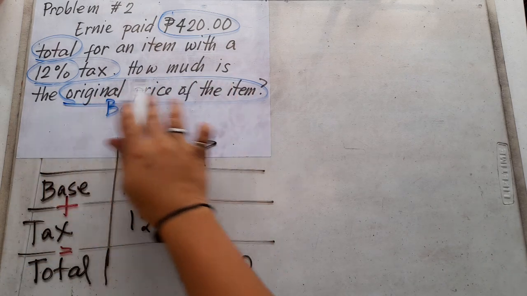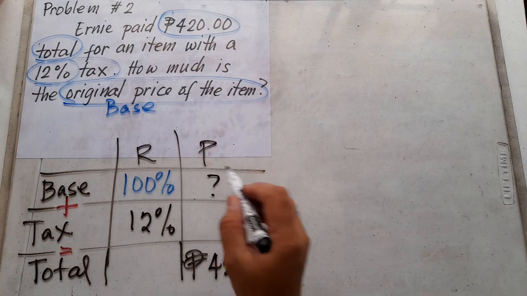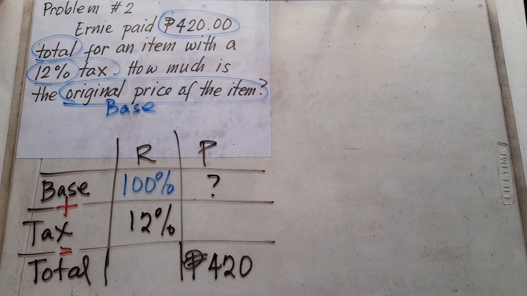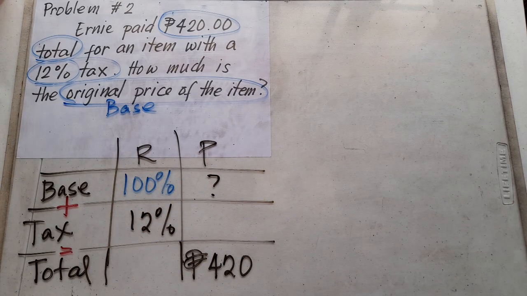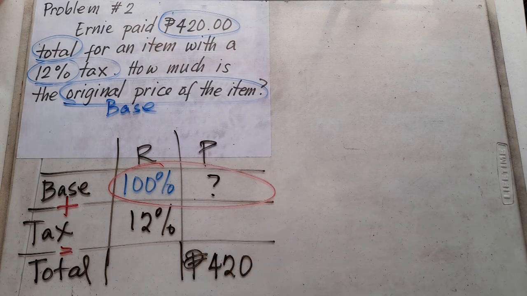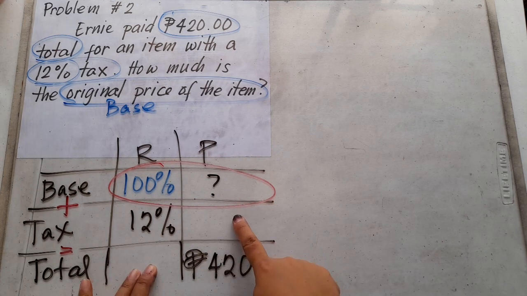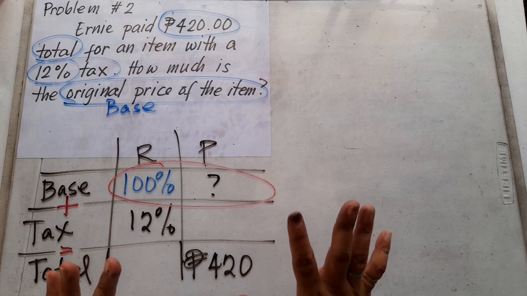How much is the original price of the item? It's the base. So, eto. Kung titignan natin, gagamit tayo ng ratio and proportion, we need horizontal, di ba? So, meron tayong isa. Ang problema natin, pareho siyang bungi. Pareho may kulang. So, anong gagawin natin?